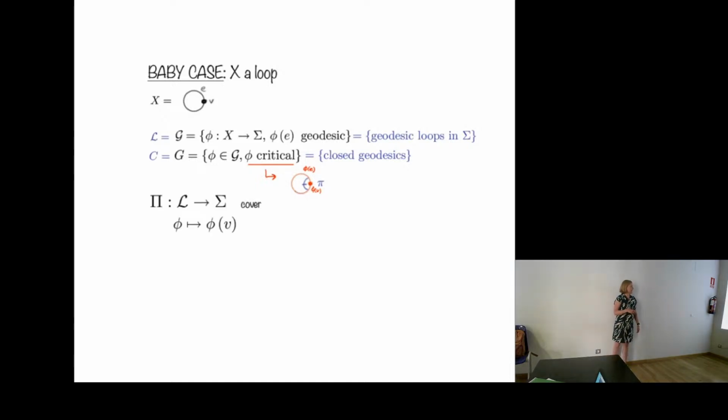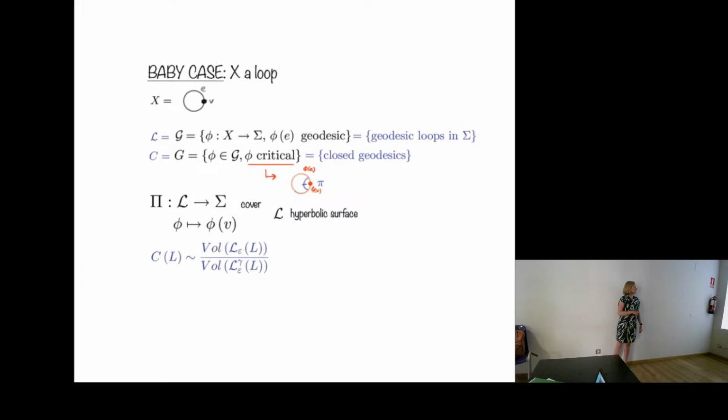So we have this cover now from L into the hyperbolic surface, which maps each realization to its vertex.